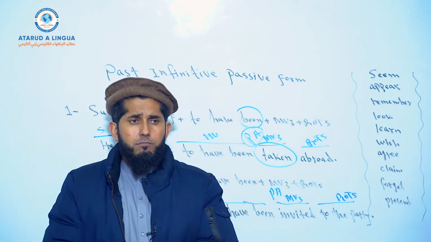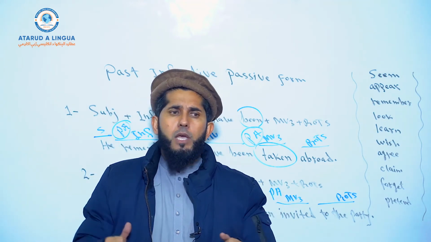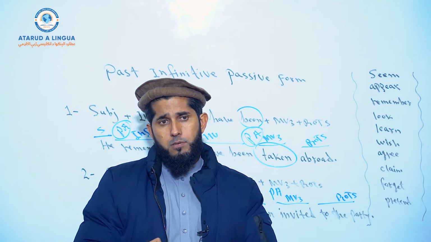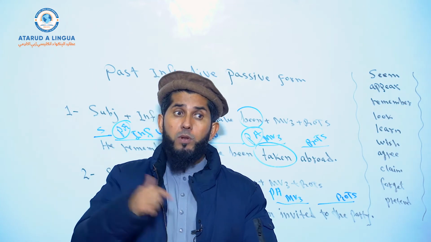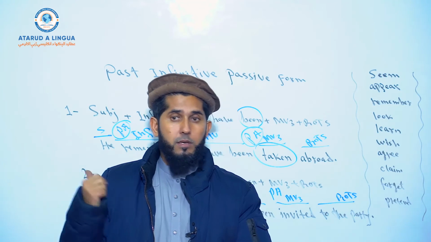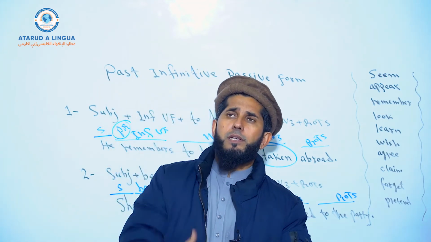So now he is proud to have been given a big prize. He is proud to have been given the Nobel Prize. Okay? An organization gave him the Nobel Prize in the past, and now he's proud of that. He is or she is excited.